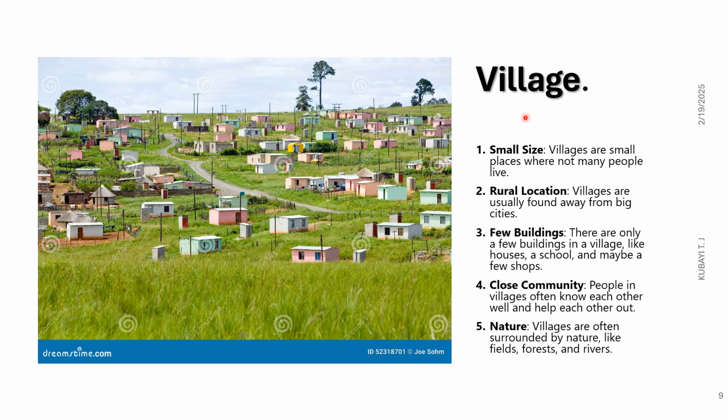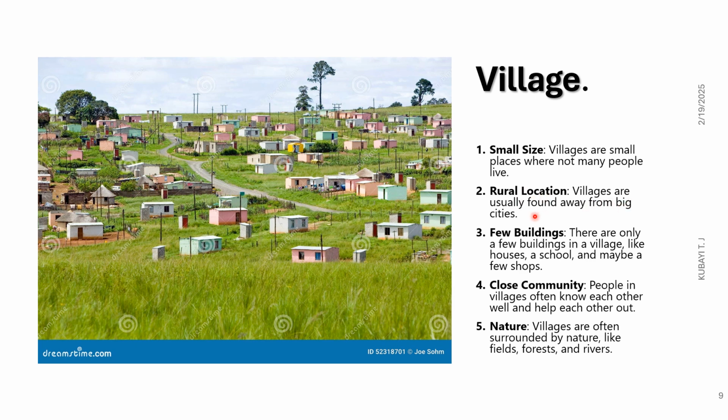The next settlement that we are going to look at is the village. Now, what are the characteristics of a village? A village is small in size. Villages are small places where not many people live. Villages are located in the rural location.